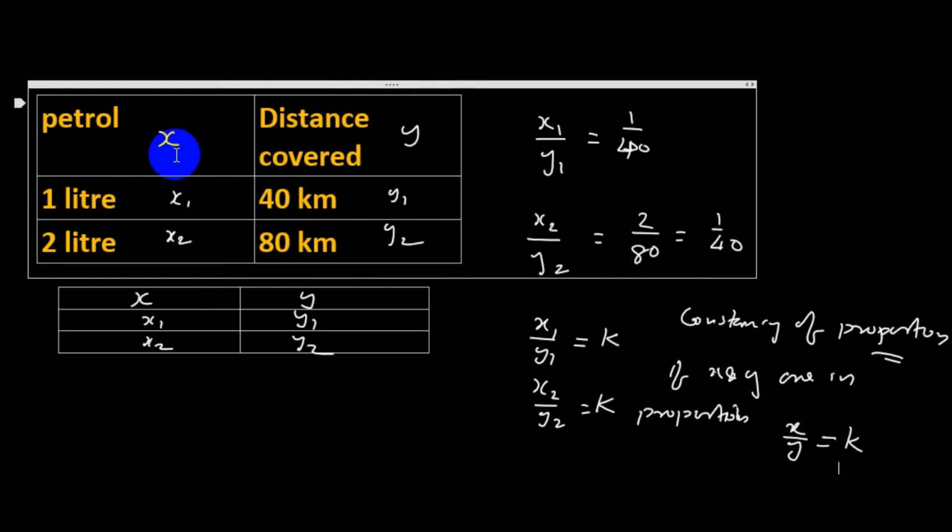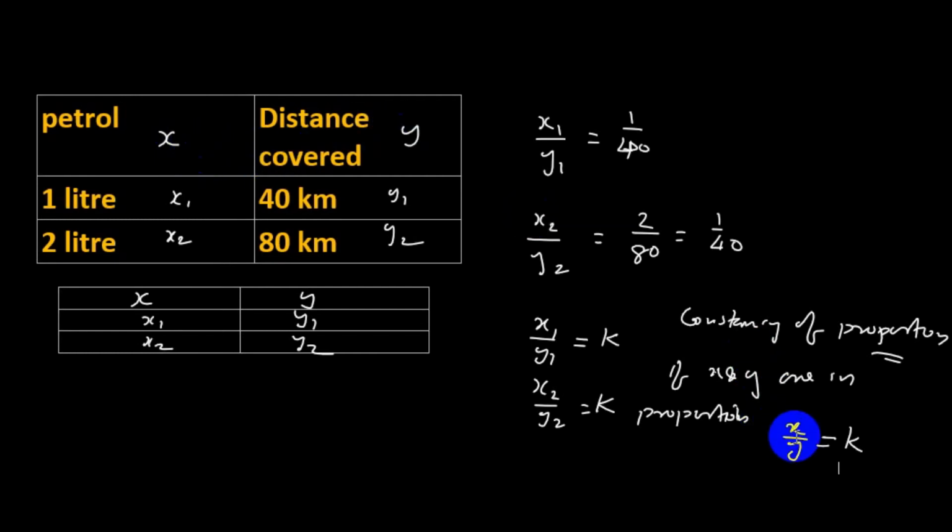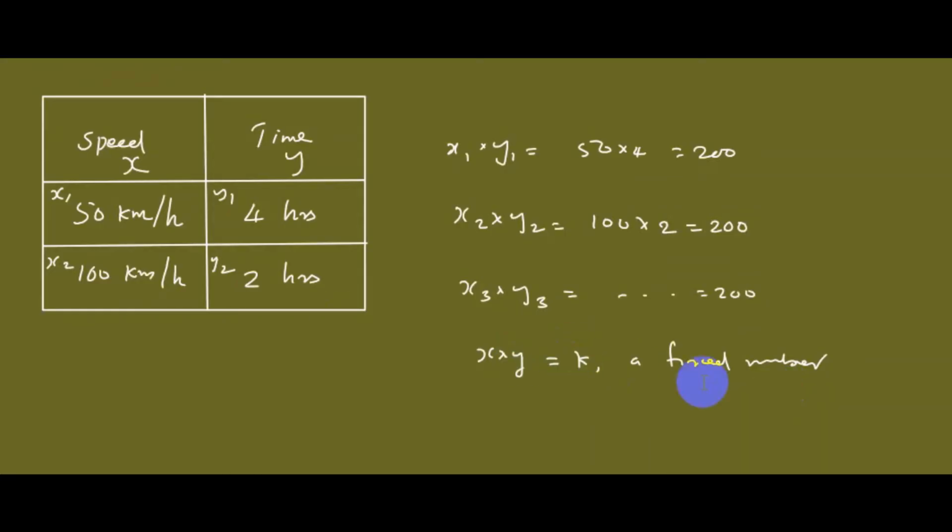So in direct proportion, when two quantities are denoted by x and y, x by y is equal to a constant. Here, in the case of inverse proportion, xy is a constant. xy is a constant number. Okay, note it down.